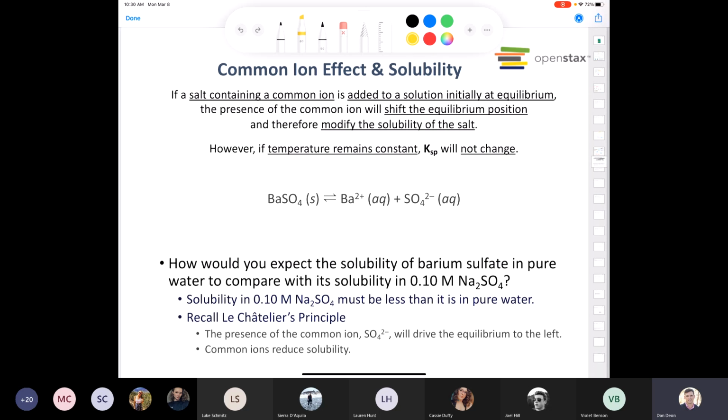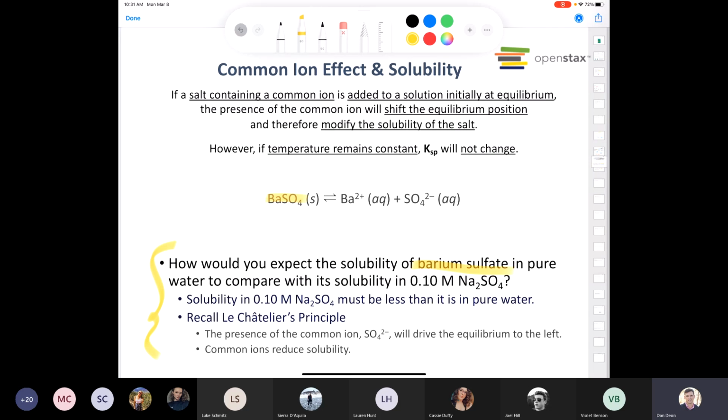So let's say you had this equilibrium right here. You have some solid barium sulfate that's in equilibrium with some barium ions and some sulfate ions. What would you expect to happen if you were to compare the solubility of pure barium sulfate with barium sulfate when you throw some 0.10 molar sodium sulfate into it?